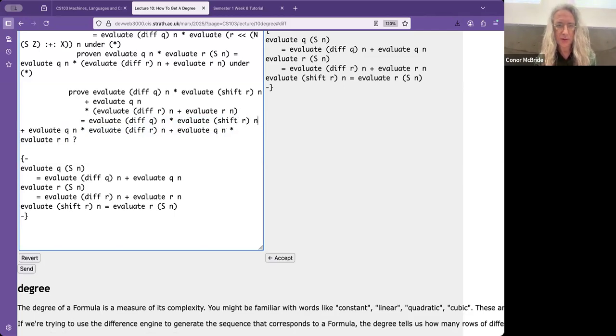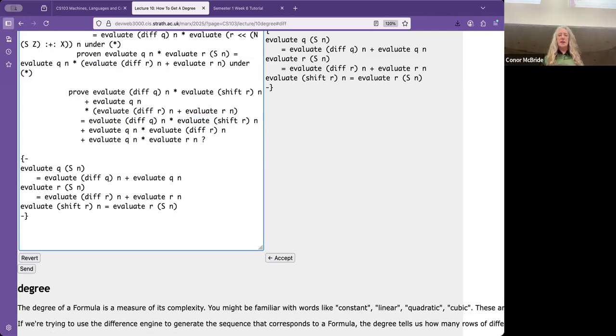We've almost made it. You can see that we've got one of the terms we like. And if we multiply this out, we'll get the other two.